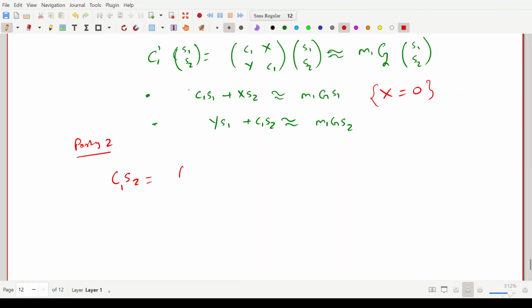So what is the C1 actually? It is RA plus M1G, and I'm multiplying S2. So what happens here? It will be RAS2 plus M1GS2. Now what do you know about RA? Yes, this is RE1.